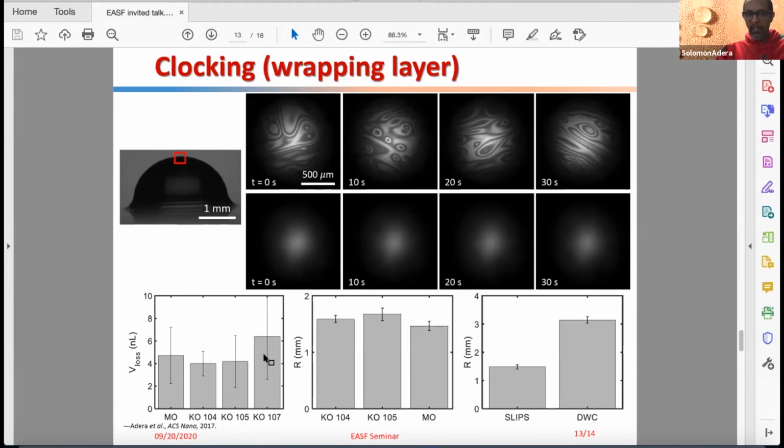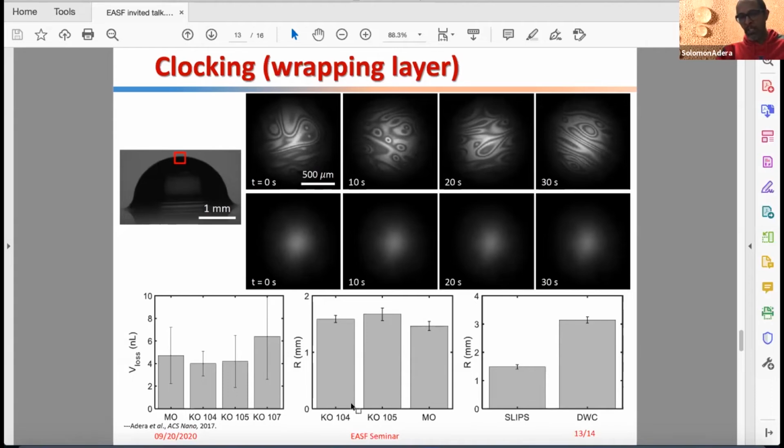But the oil loss that we measured, the amount of oil depleted from the surfaces, between mineral oil when there is no spreading and Krytox oil when there is spreading, is pretty much the same. We didn't see much difference. It's within the measurement error.